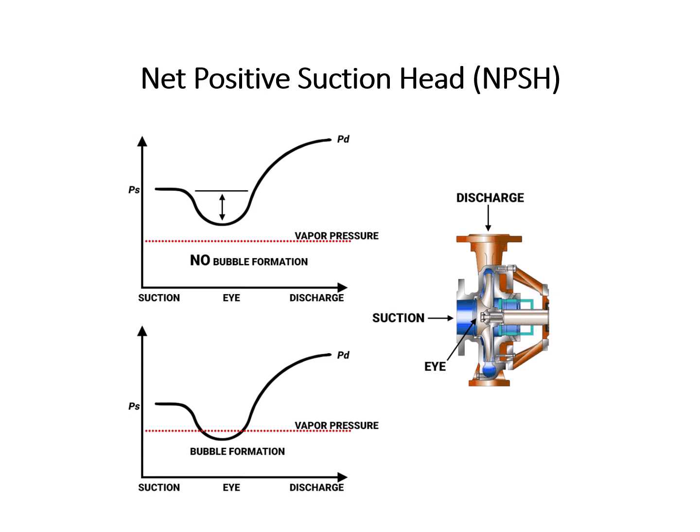In this situation, where the suction pressure is at or below the bubble formation pressure, bubbles will form and collapse at the impeller, and that will cause cavitation and damage to the casing of the pump itself.